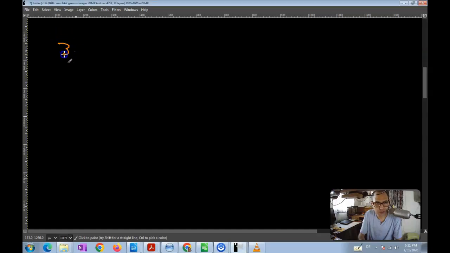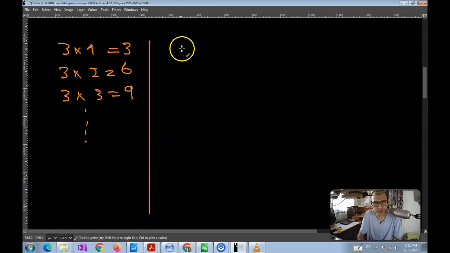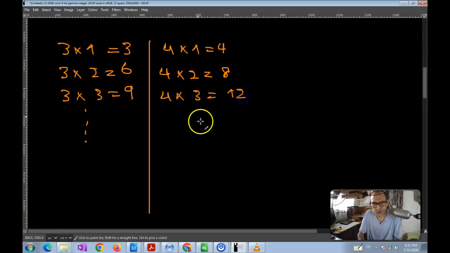So 3 times 1 is equal to 3, right? 3 times 2 is equal to 6. 3 times 3 is equal to 9, right? And so on and so forth. That's the multiplication table of 3. Now 4 times 1 is equal to 4. 4 times 2 is equal to 8. 4 times 3 is equal to 12, and so on and so forth, right?